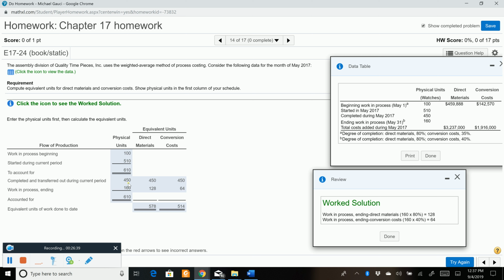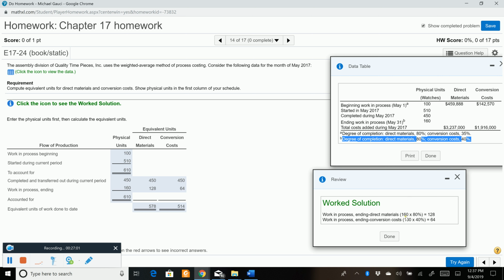But the 160 units in ending inventory, we need to determine what percent complete they are in regards to materials and conversion costs. The author tells me down here, and I'm highlighting it for you, they're 80% complete for materials and 40% complete for conversion costs.